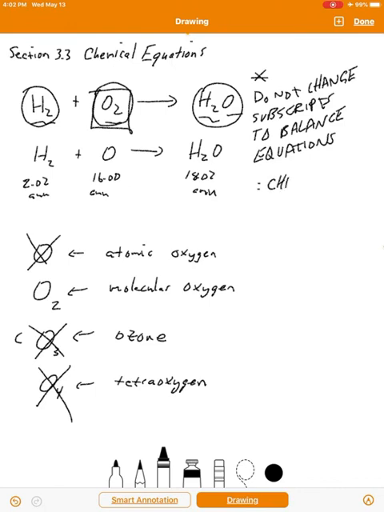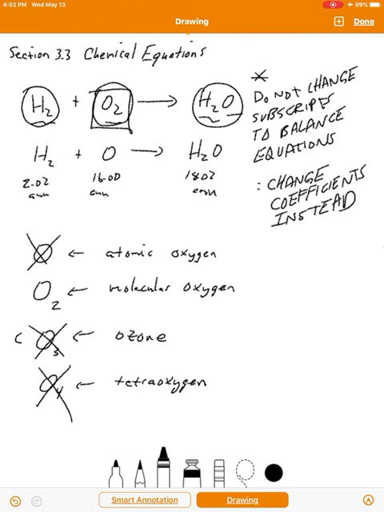In other words, change the coefficients instead. Those we're free to do, because that's just changing the amount.